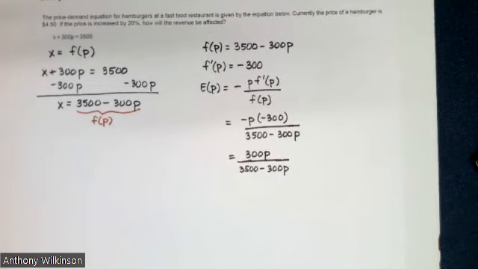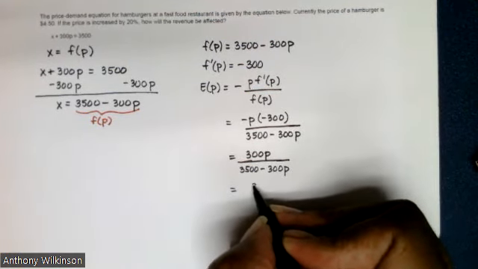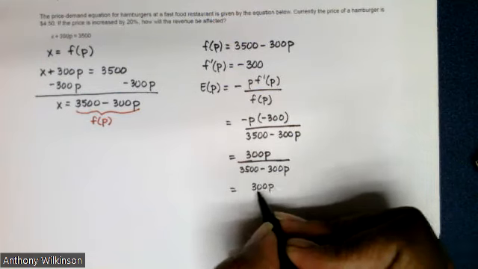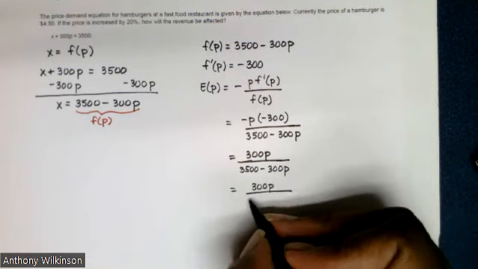Let's see what I can do here. That denominator has a common factor of 100. So let's see if we can factor out 100 here. I'm going to bring the 300p here. The denominator, let's factor out 100.